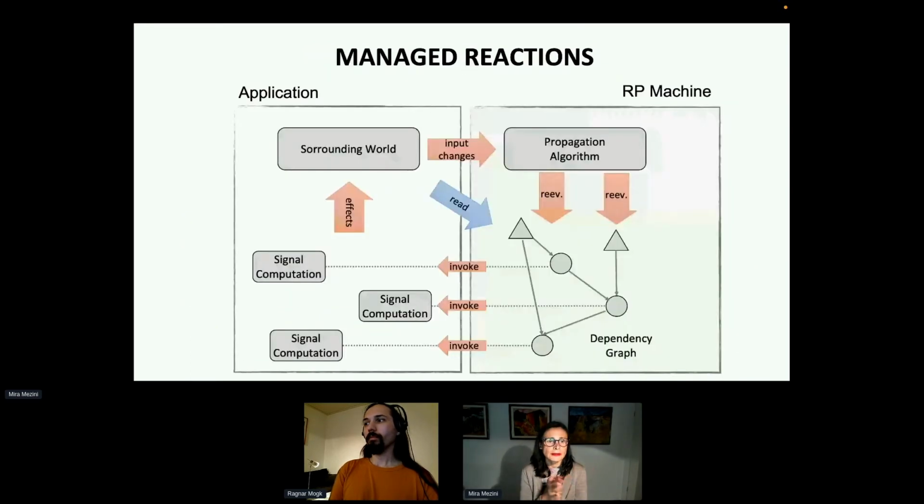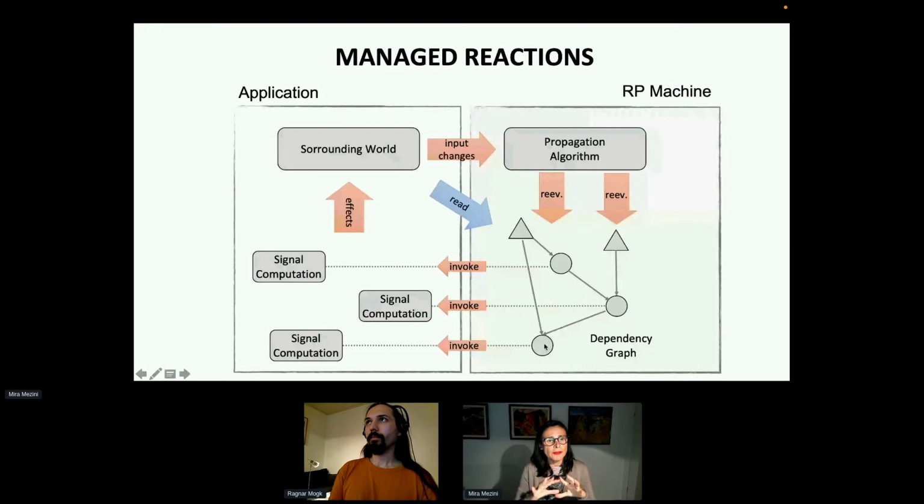Basically, the runtime manages the computations and their dependencies in a dependency graph, as shown here on the right-hand side of the slide. There are two kinds of nodes. The triangles depict input reactives, events, sources of changes, while the circles in the graph depict derived signals that are composed out of other signals, be those input events or other signals.